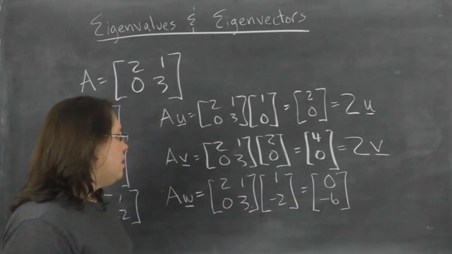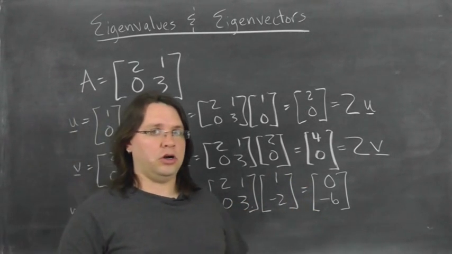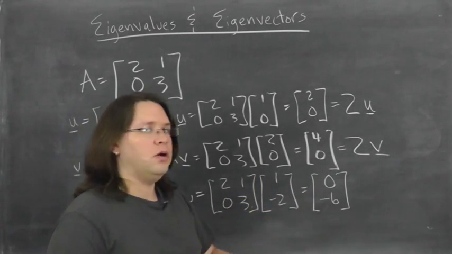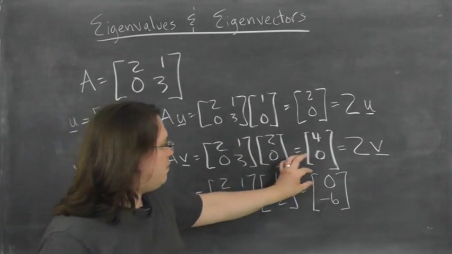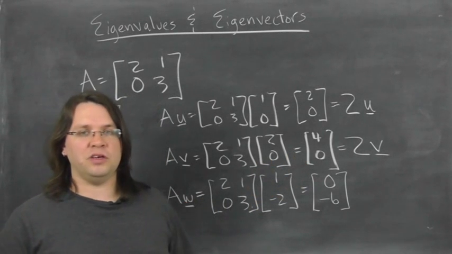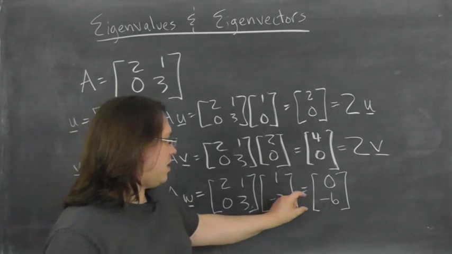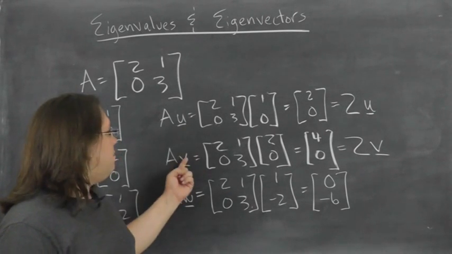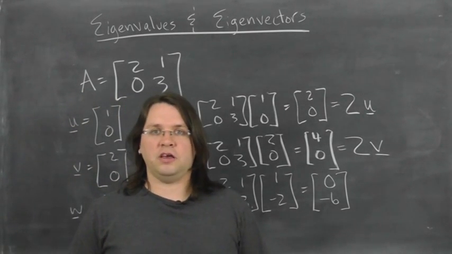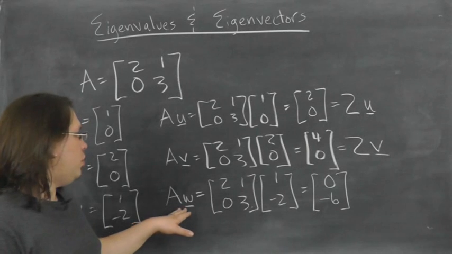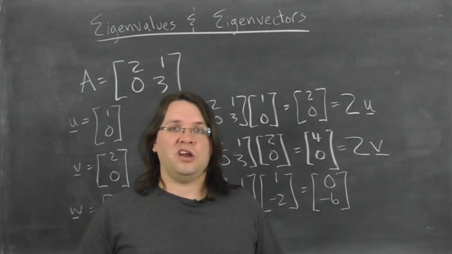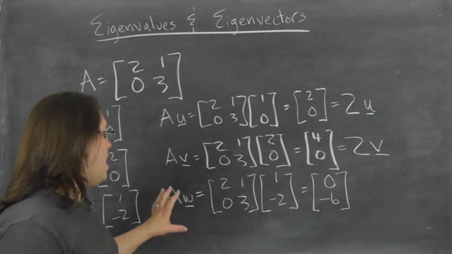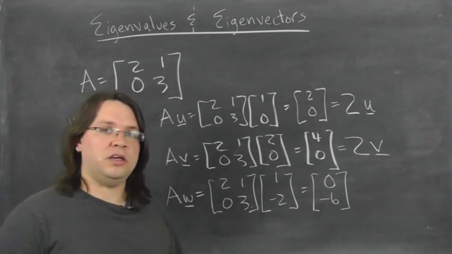And you can see that there's no scalar for which 1, minus 2 is equal to 0, minus 6. For it to work out in the first coordinate, we'd have to have that scalar be 0. And for it to work out in the second coordinate, we'd have to have that scalar be 3. So u and v are eigenvectors with eigenvalue 2, and w is just not an eigenvector at all for any possible eigenvalue.